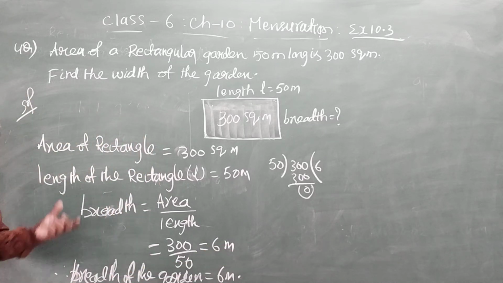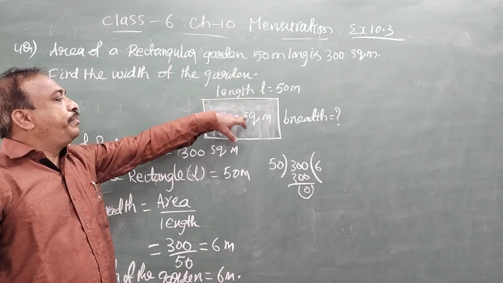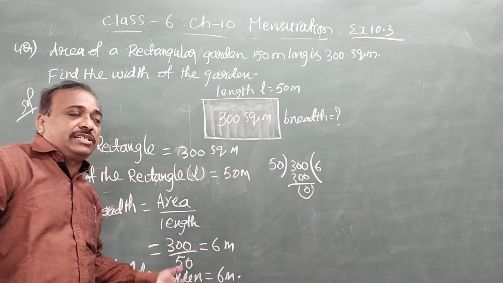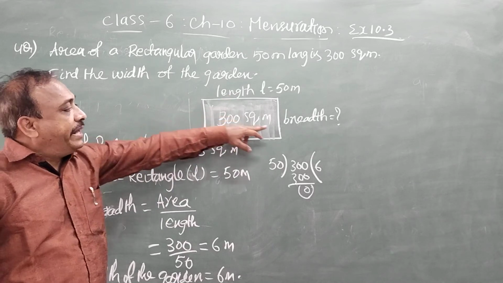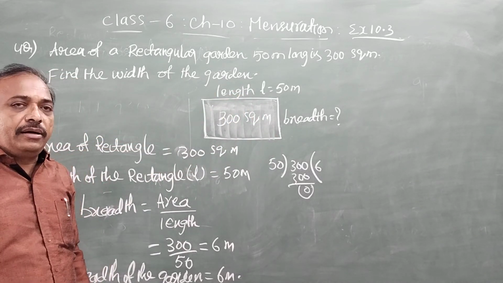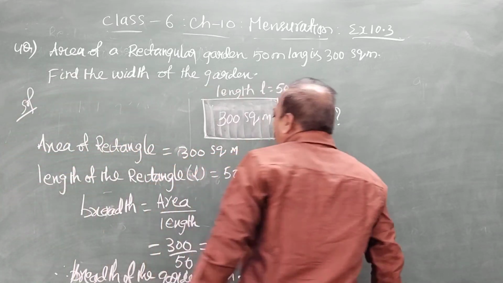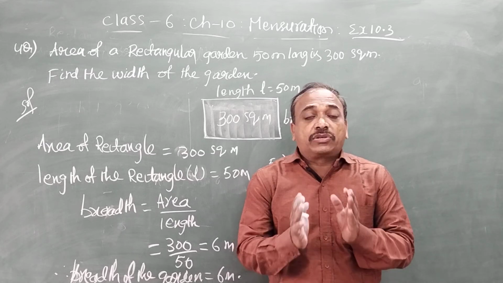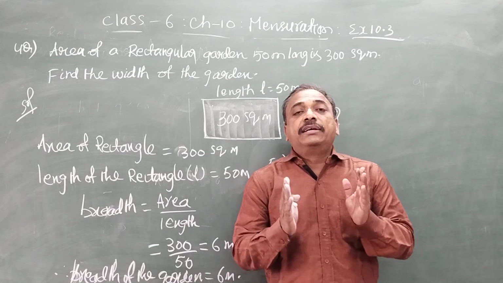I hope you understood how to calculate the breadth when they give length and area. With a similar process, when you know area and breadth, you can find the length also. So today we have discussed what area is. The unit of area is square units; the important point is units.